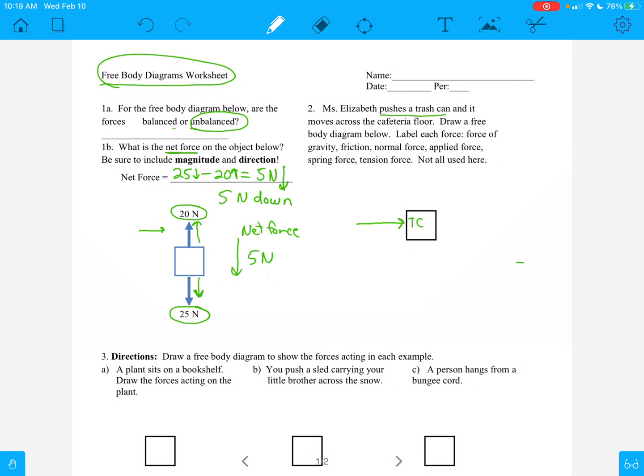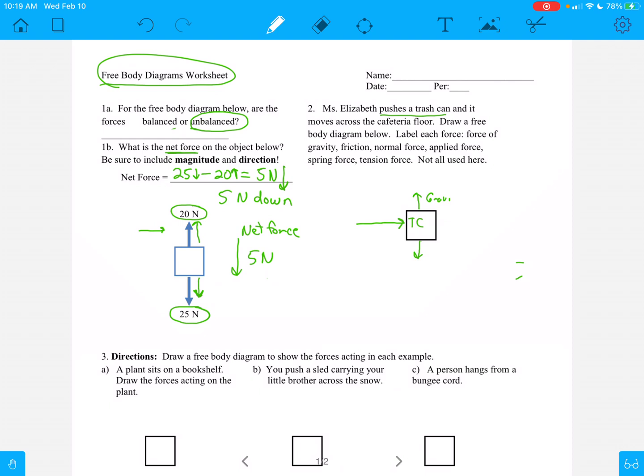Label each force. Force of gravity. Oh, we got to put the force of gravity. The trash can is actually pushing down, right? So the trash can is pushing down with normal force, but it's also being pushed up with the same normal force, or with gravity force. So this is gravity.